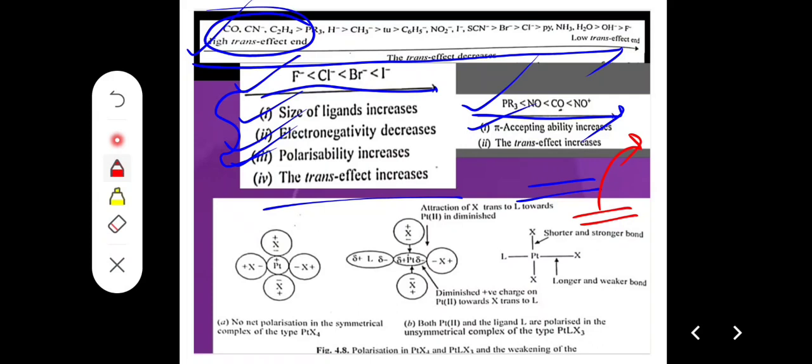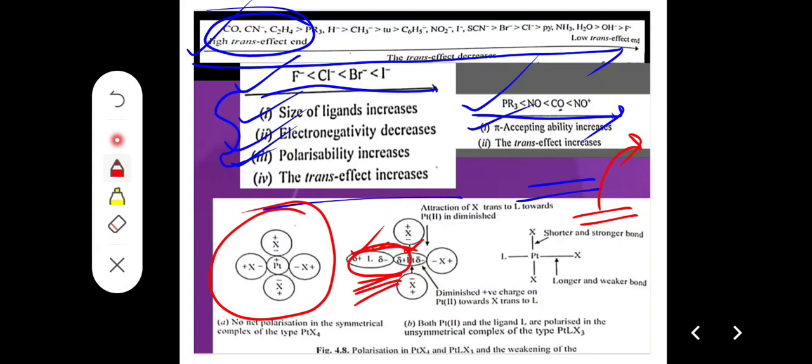Okay. So these are all the same type of ligands. When there is a good sigma donor ligand L, suppose L is a good donor, it diminishes the positive charge on platinum(II) towards X trans to L. Okay, L is a good donor, so there is delta negative character; platinum has more delta positive character, so there is a good attraction force.